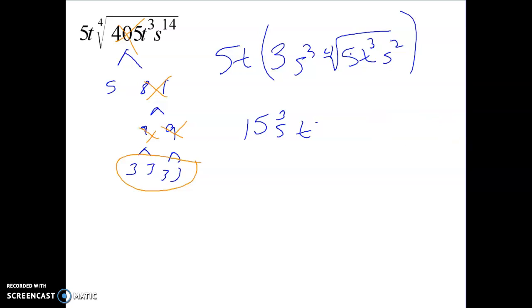Oh, I didn't get that exponent in there very well. Sometimes it's hard to aim with just your finger. There we go. And then I have the fourth root of 5t to the third, s to the second. All right, so that is going to end up being my final answer once I multiply the 5t that was on the outside by the 3s to the third that's coming outside now.